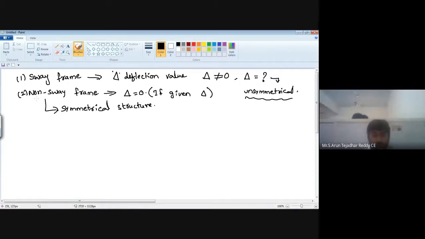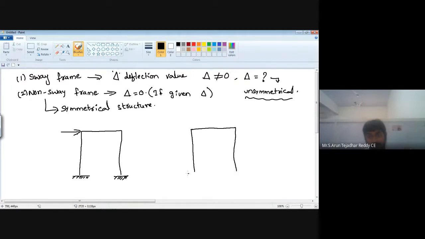But how to identify whether the given frame is a sway frame or a non-sway frame? That is important. I'll give one example. See here, both structures are the same. Observe this structure, where the load is acting, and this is also a structure, but here there is no load.